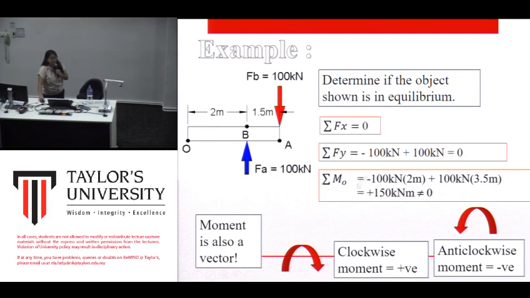That's why I put a negative here. That's why negative 100 times 2, negative moment. So far so good? Now let's look at the red color force. This force, FB, goes down. Yes, I know that it goes down. But the moment created by this force is actually in the positive direction, isn't it? It's clockwise. That's the reason why this is positive.